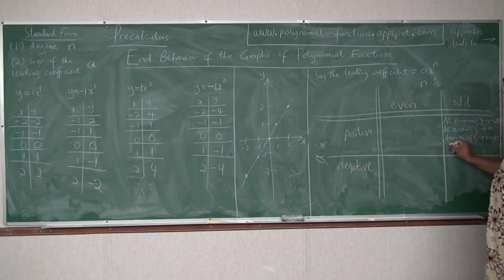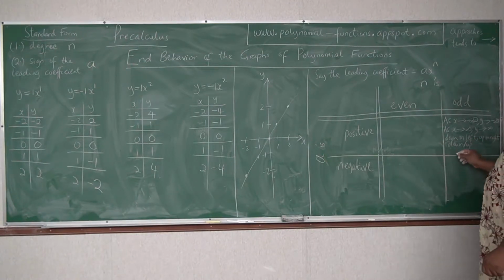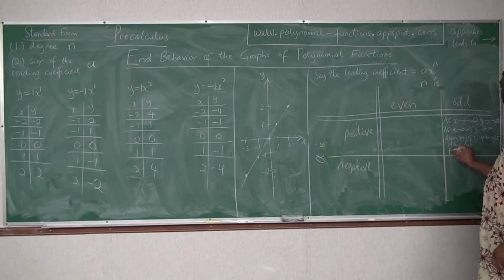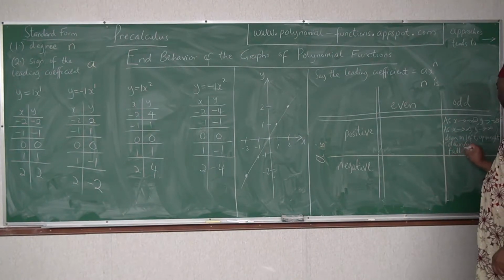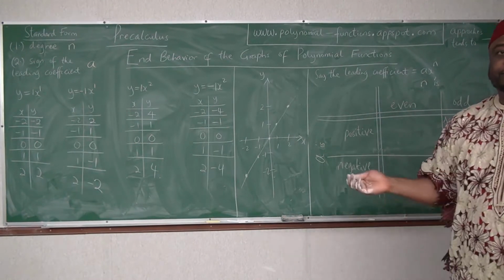And we call this down up. Or you can say fall, rise. You can also say fall on the left, rise on the right. Fall, rise. Down, up. That's it.